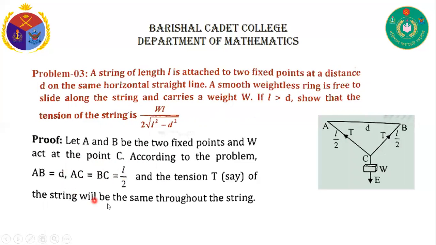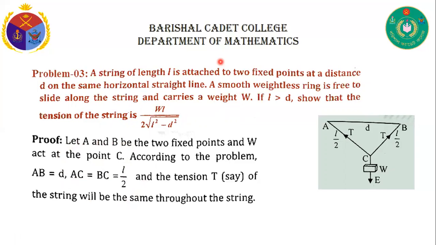So boys, here is the trick. The tension is T, but if the weight ring runs freely along this string, then it will go to the middle position of the string.